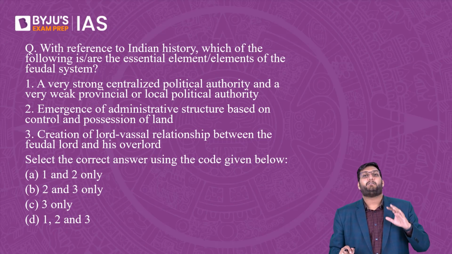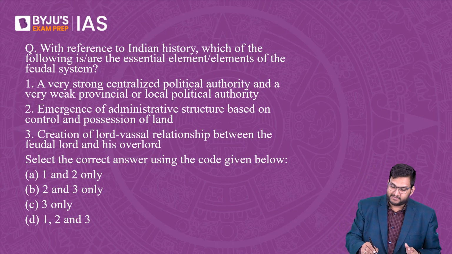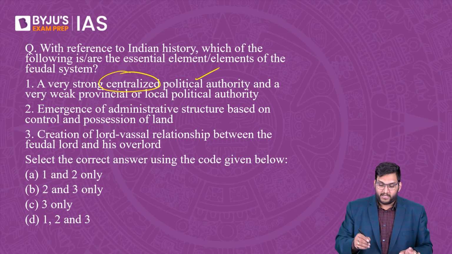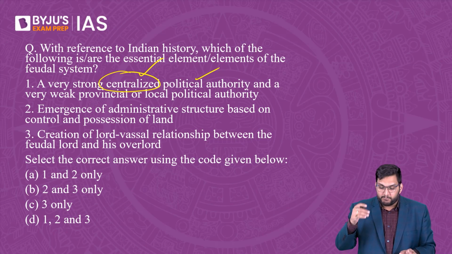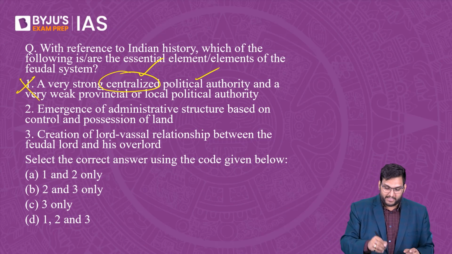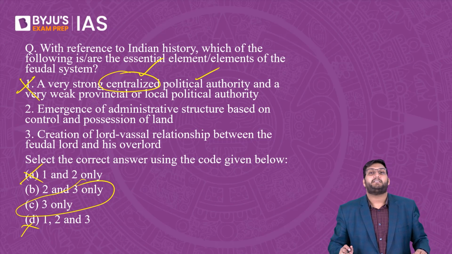Now, if you know anything about a feudal relationship, you would know one thing, that feudalism is based on decentralized polity. And it says it is a strong centralized polity with weak provincial. That is technically not true. It is a decentralized polity with provincial authority being much stronger. Again, still incorrect. Now you will know one thing, that the third statement is correct.